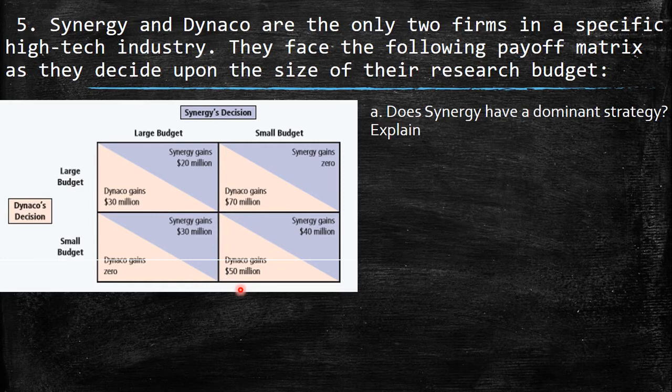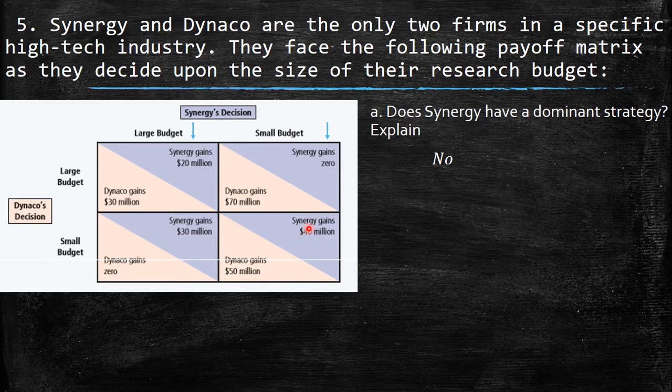So first, imagine that Dynaco will play large budget. What should be better, 20 or 0? Definitely 20, so for this reason the first strategy should be this one. Let's see if it continues. Then when Dynaco's decision is a small budget, what should Synergy play? 30 or 40?